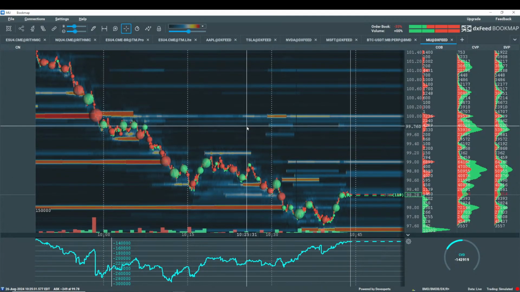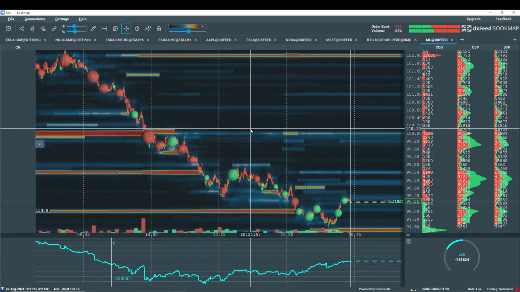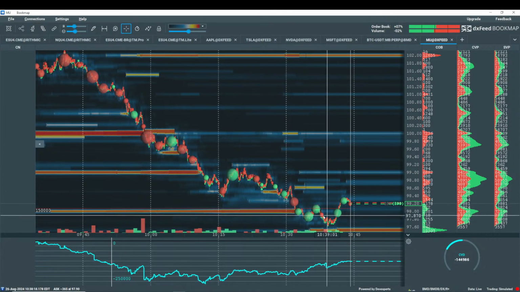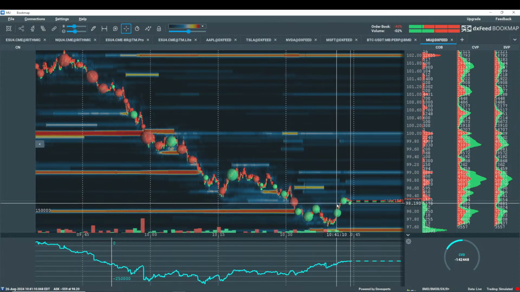Okay, pretty similar chart on the move down, and into high liquidity here at 98, a little bit below it. Look at the selling down here, very little. It's starting to find some buyers.